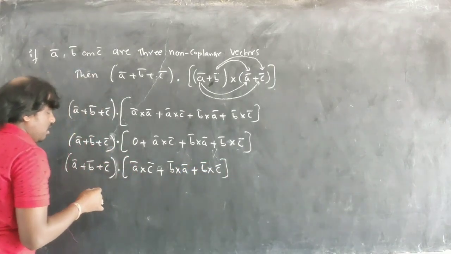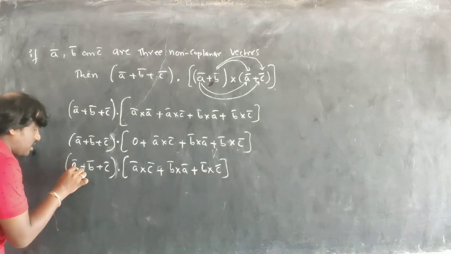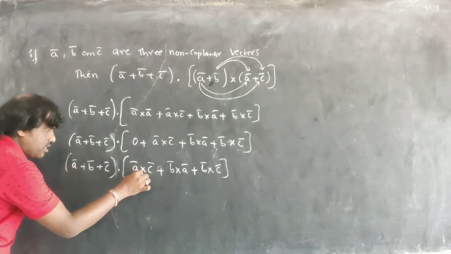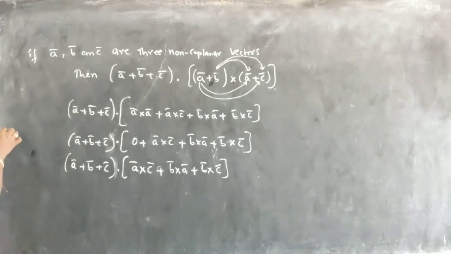Whenever you do a vector dotted with a cross, that is the box product. You know that A dot B cross C is nothing but box ABC.